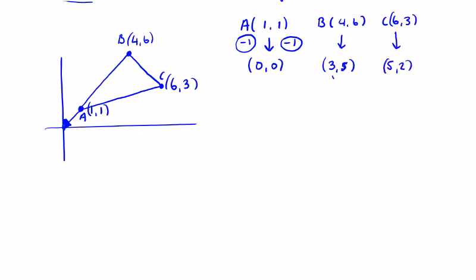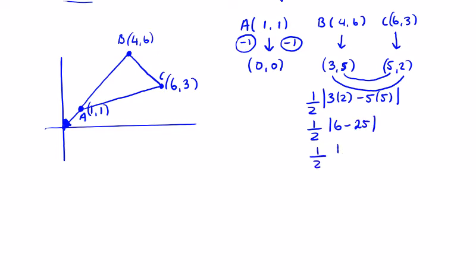So now, without writing the formula, the two outside and the two inside, half the absolute value of 3 times 2 minus 5 times 5, and you can see why I've picked this one, a half of 6 minus 25, which is a half of minus 19. So we just imagine it's positive 19, the absolute value, 9.5 square units.